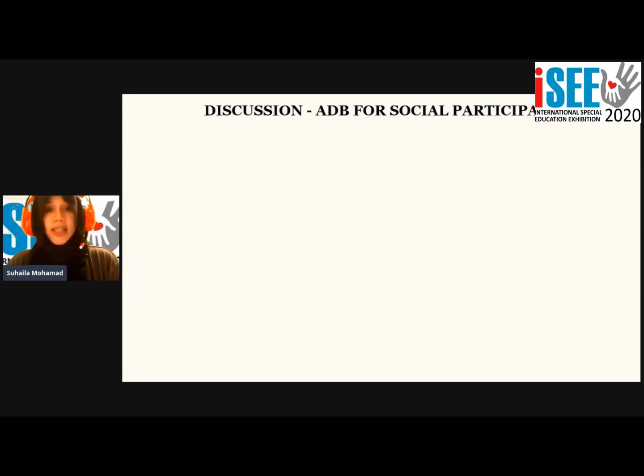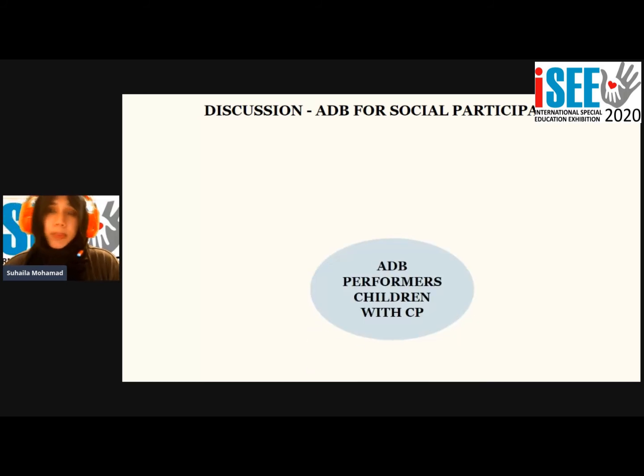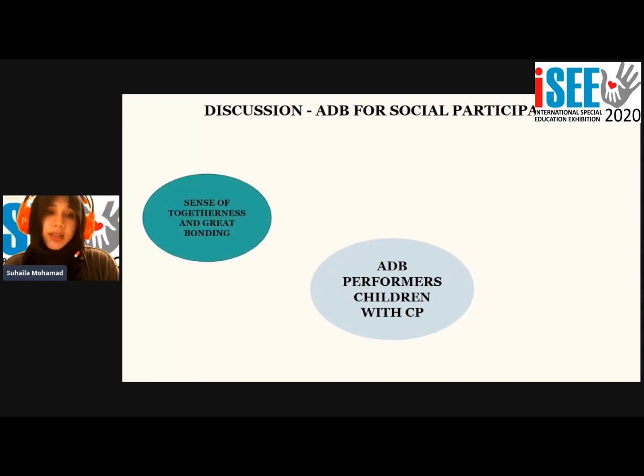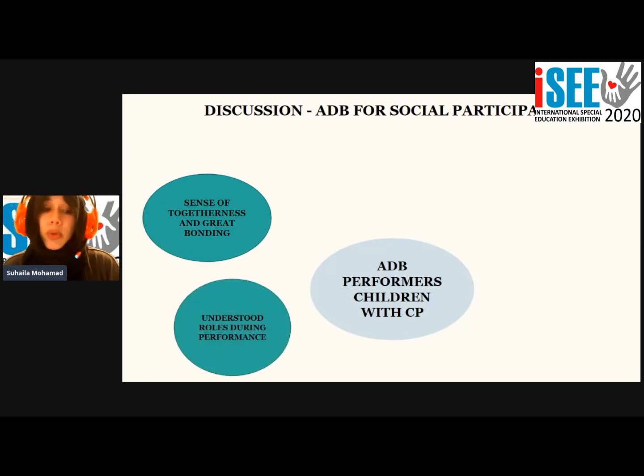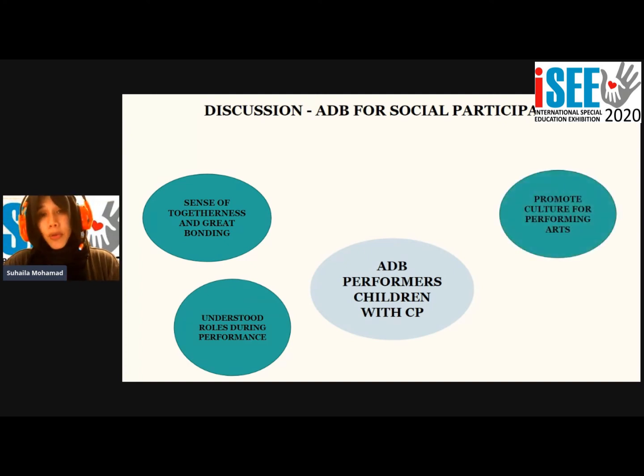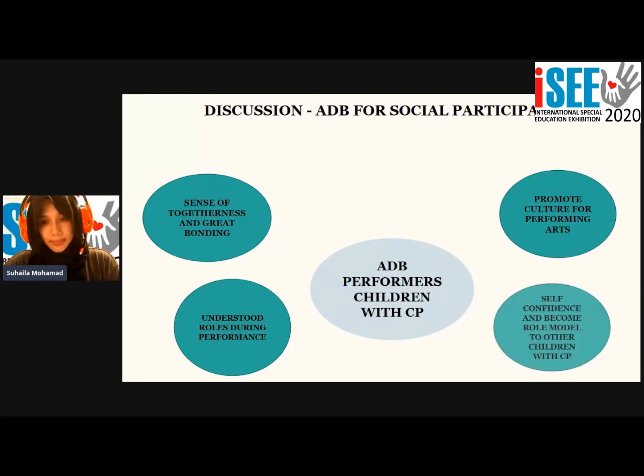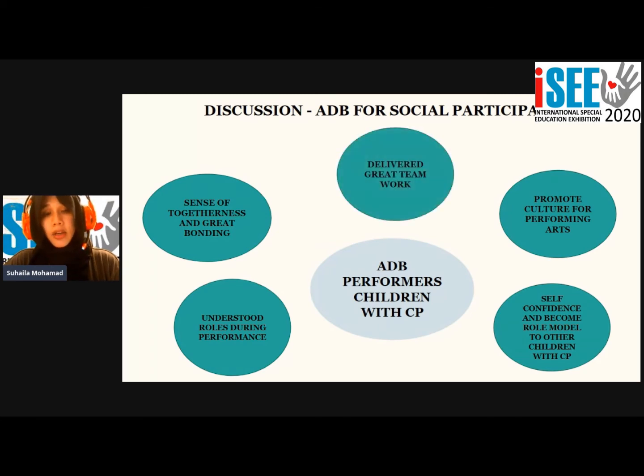Next, from this case study of ADB for social participation, it is found that ADB performers, which consist of children with CP, displayed a great sense of togetherness and great bonding, understood their roles during performance, promoted culture for performing arts, increased their level of self-confidence and became role models to other children with CP, and last, definitely not least, delivered great teamwork.